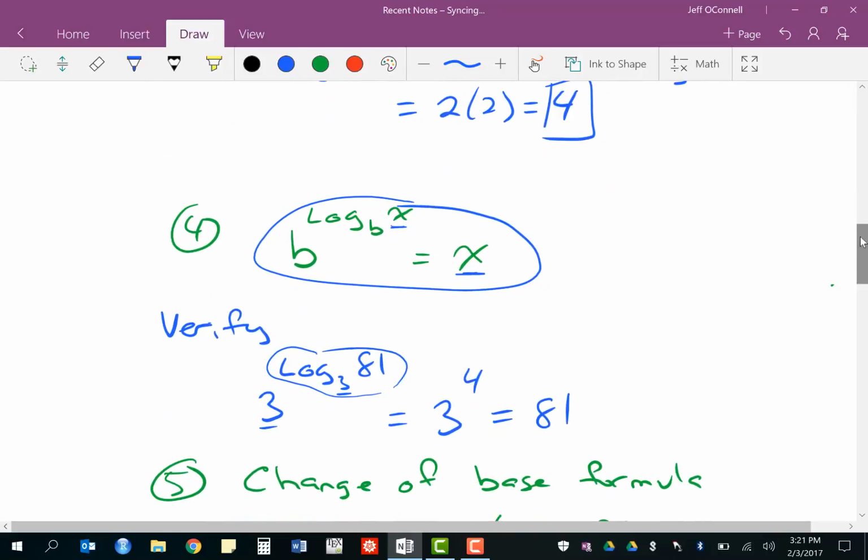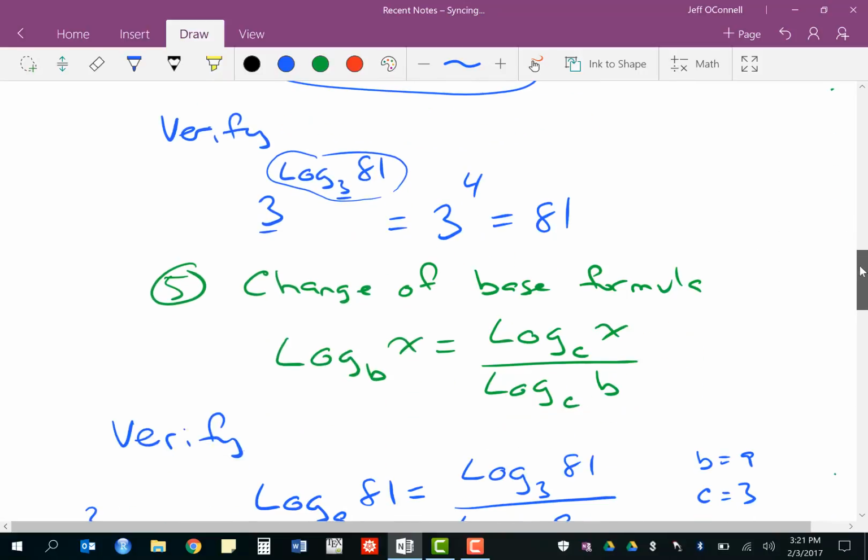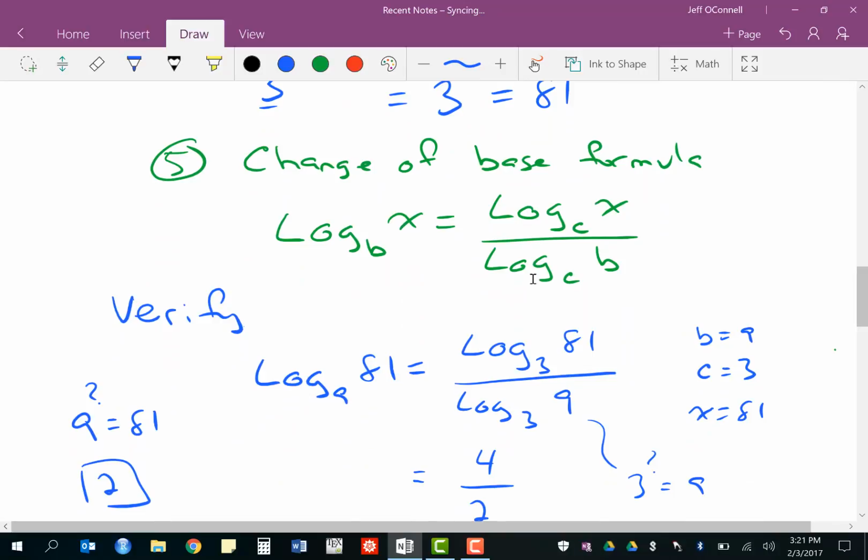The fourth property says that if you have a base that is raised to a logarithm with the same base, then that would simplify to the argument of the logarithm. And the fifth property is the change of base formula. The log base b of x is equal to the log base c of x divided by the log base c of b.